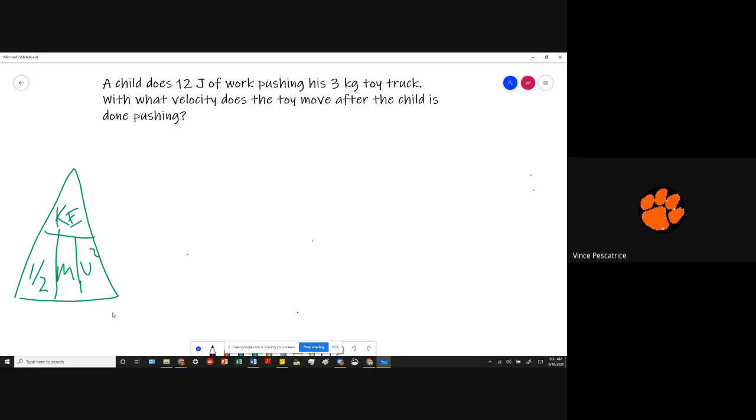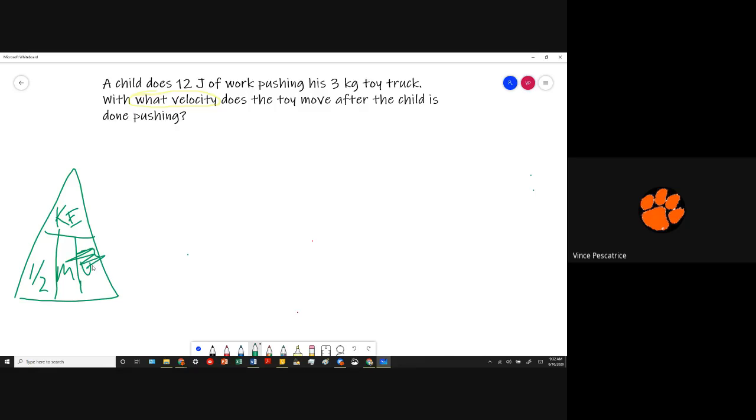All right, so this one wants us to find, okay, with what velocity, right here. So that's what we're trying to find. Whatever you're trying to find on your triangle, you're going to cover up. So we are going to cover up v squared. Now, remember that it's squared. What you're finding will give you v squared.